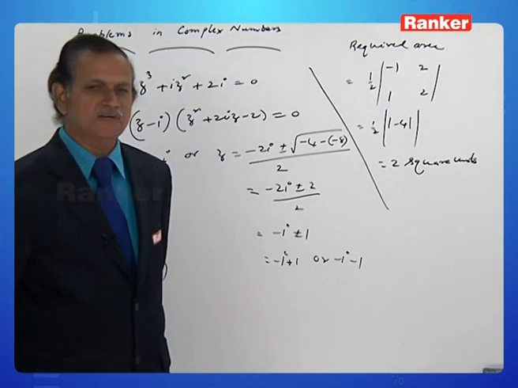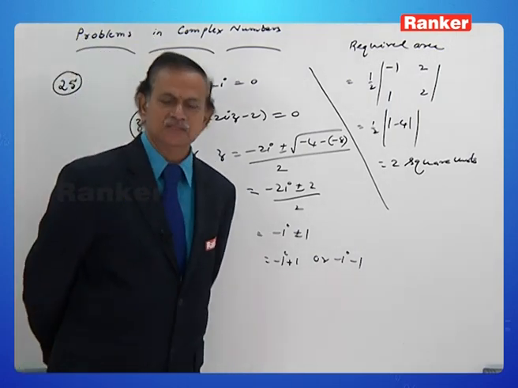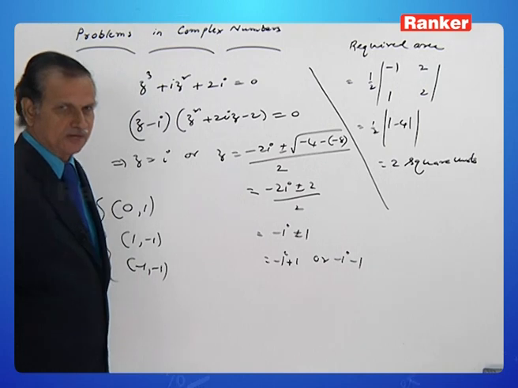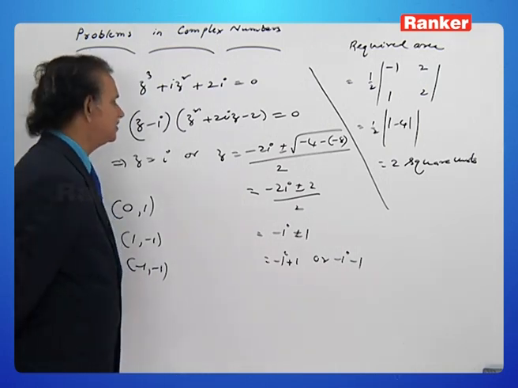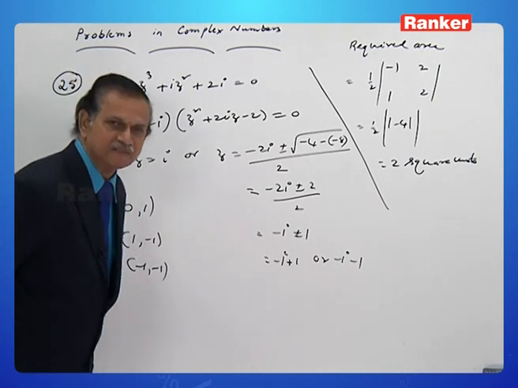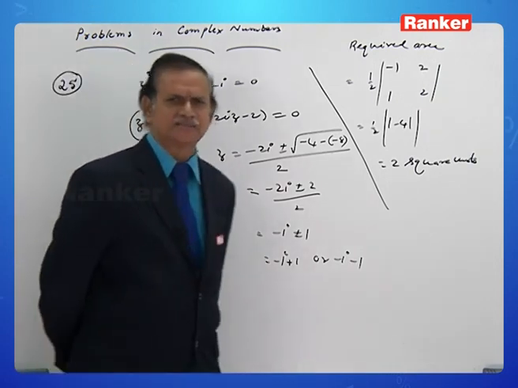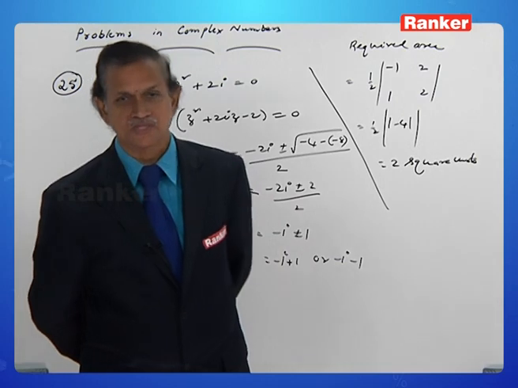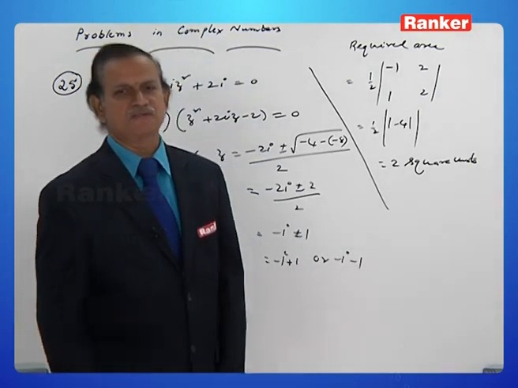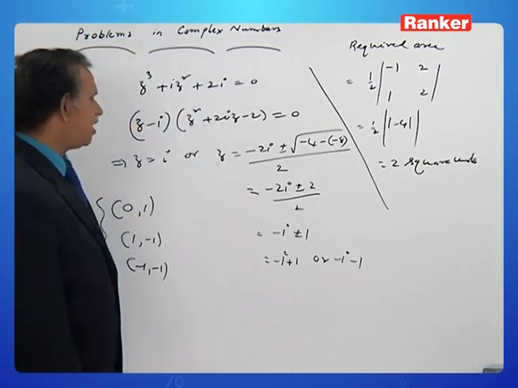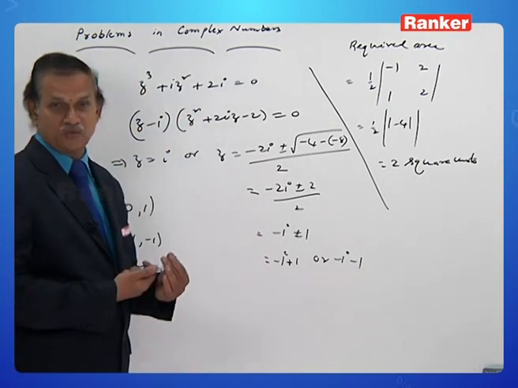You have a trial for z is equal to i, minus i like that. Successfully, we could have noticed that z is equal to i is a root, that is z minus i is a factor, and you can trace the second factor also, which is a quadratic factor, thereby having the three roots of this equation which correspond to the three vertices.